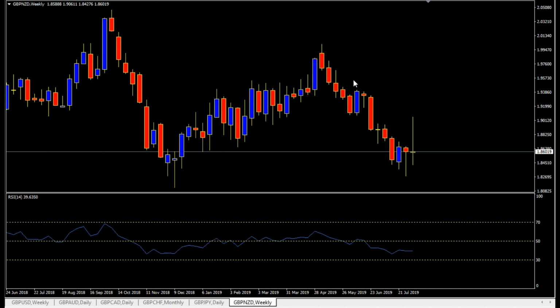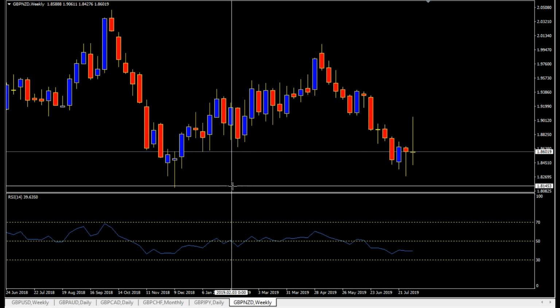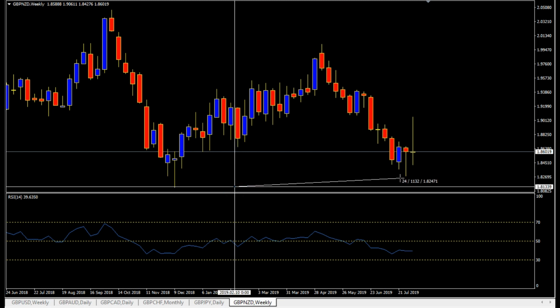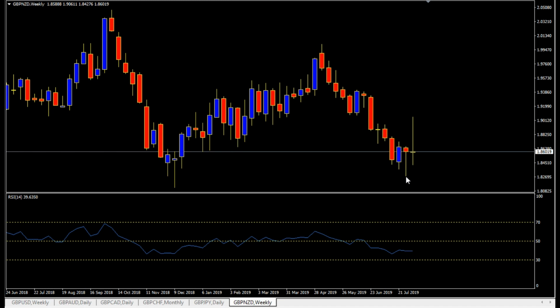Now here's the weekly chart. You can see the market is coming down, and the RSI is also down. So this was the low. We can take 5 pips below this low, but then again you have the support here. Let's see how much it is. It's about 100 pips. It's plenty.